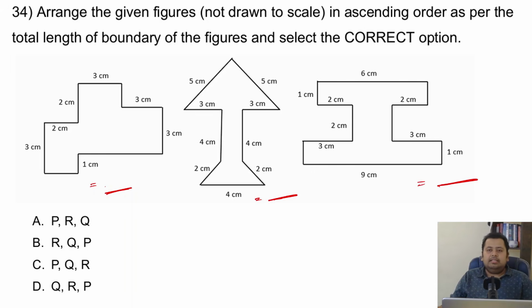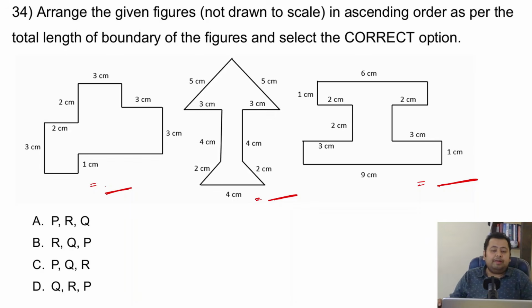This is just simple addition. You have to add all of it. Somewhere things will be missing that you will have to fill in with your perspective. Then you have to find out what the correct answer is. So pause the video here and solve it first, and then look at the solution.